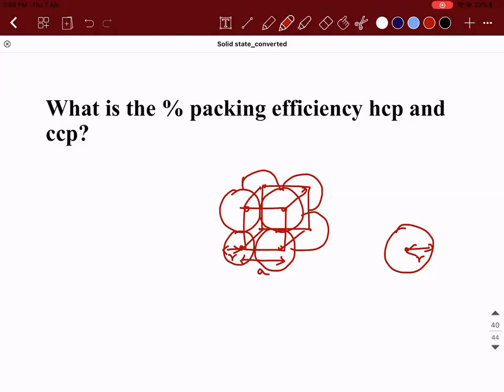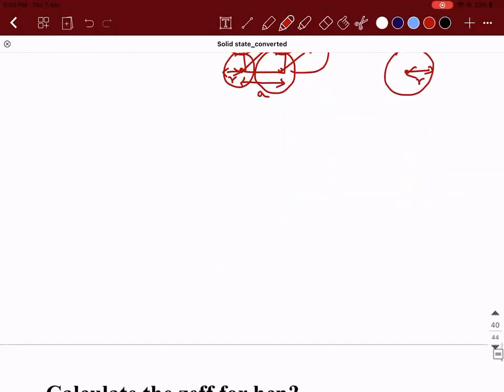Okay, first I'm going to calculate for FCC.